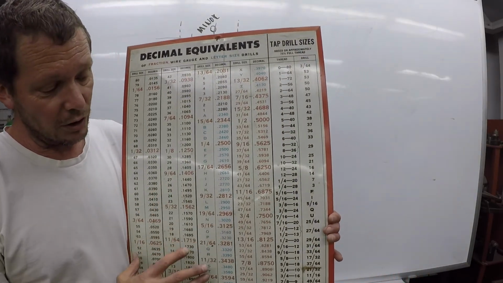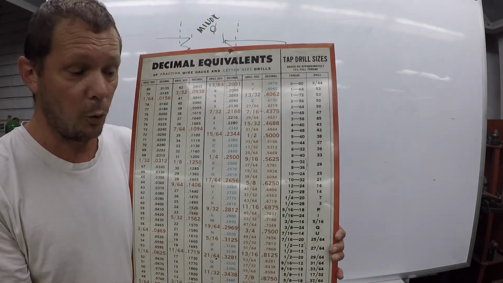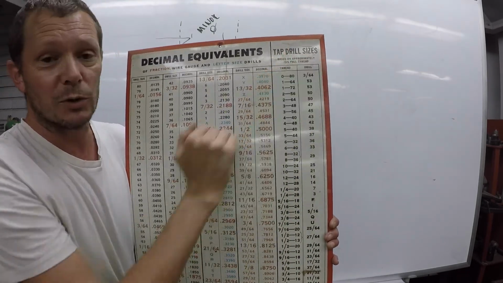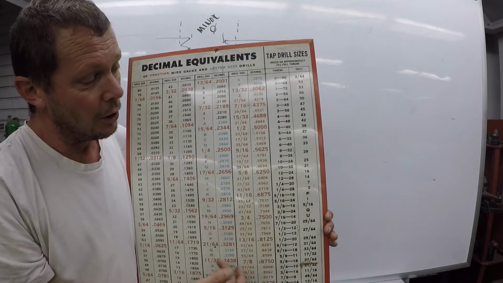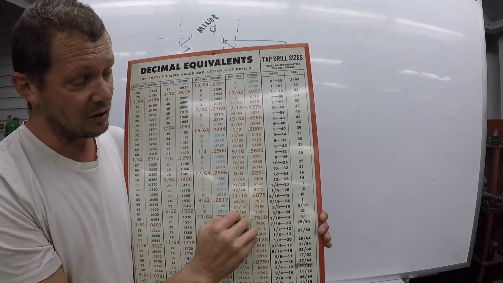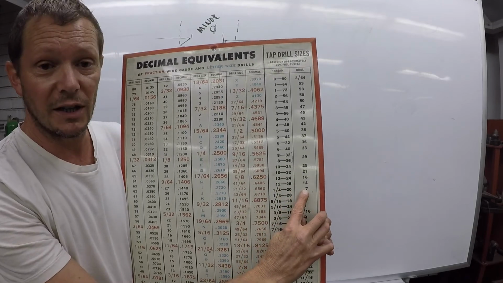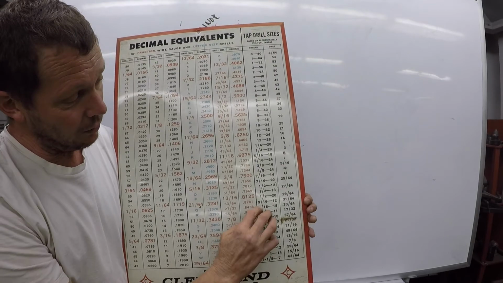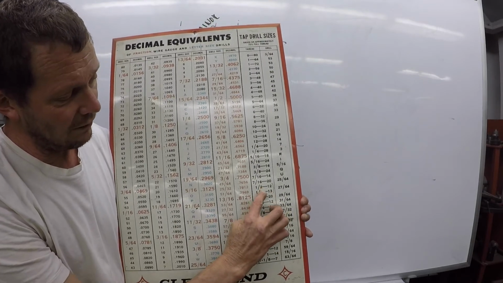All drill charts have, sometimes interlaced in here, the tap drill sizes. So if you look down here, you're going to be using a quarter 20 tap. What size hole do you drill? You just look right over here and it says, voila, number 7. You're going to do a half 13 hole. You can see half 12, half 13.